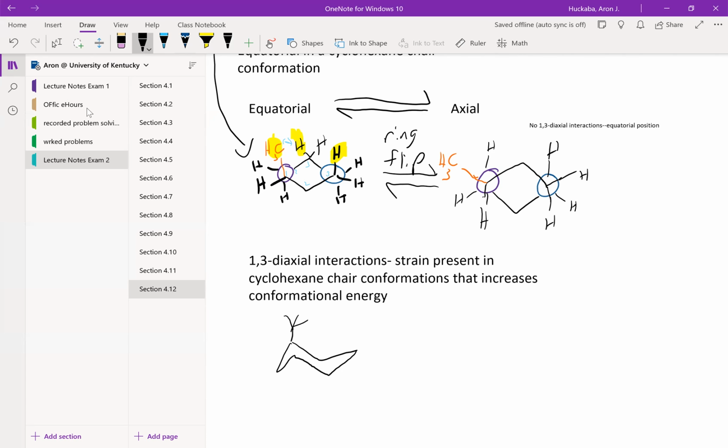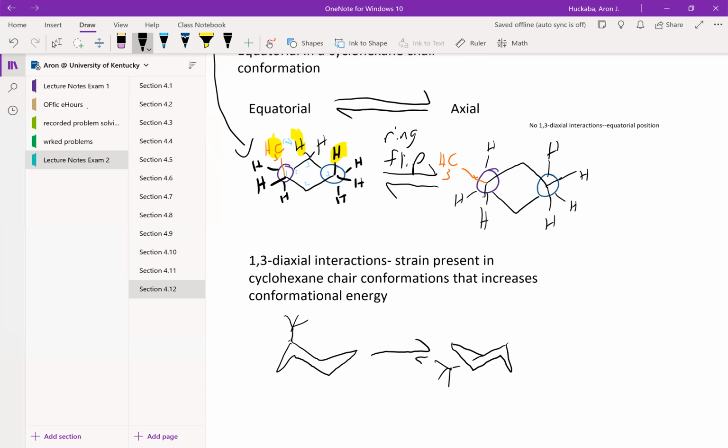So if you have a big substituent like this tertiary butyl group in the axial position, and you give the molecule a chance to equilibrate, that is, to find the lowest energy conformation, what will happen is that the molecule will choose to have that tertiary butyl group in an equatorial position almost all the time.